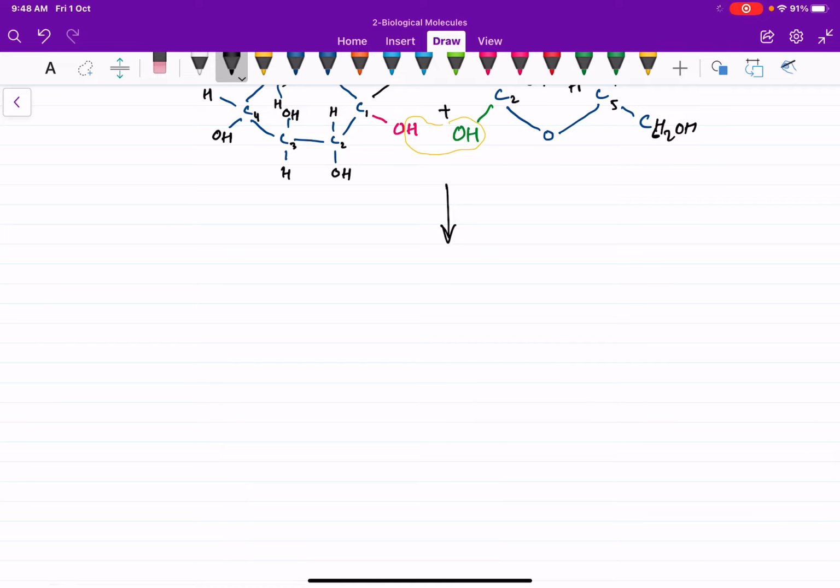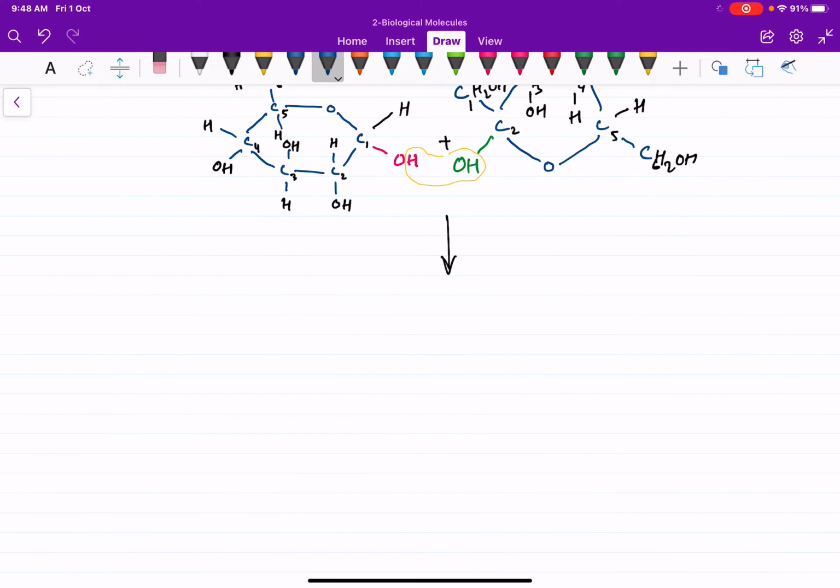Okay, so if I draw that alpha glucose here, this has carbon number 1 here, carbon number 5 here, this is carbon number 4, this is carbon number 2, and this is carbon number 3.